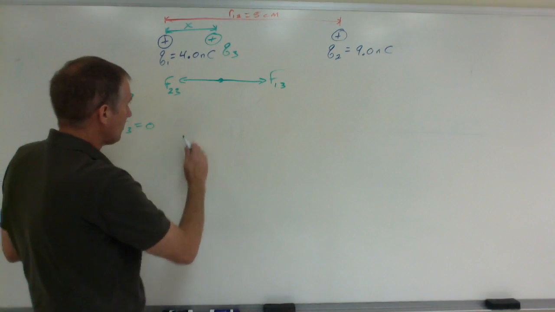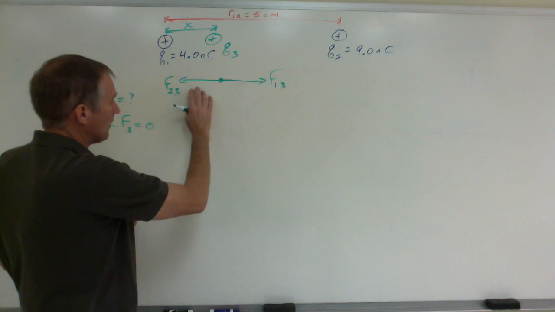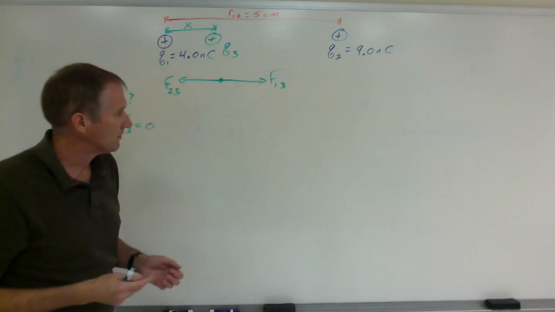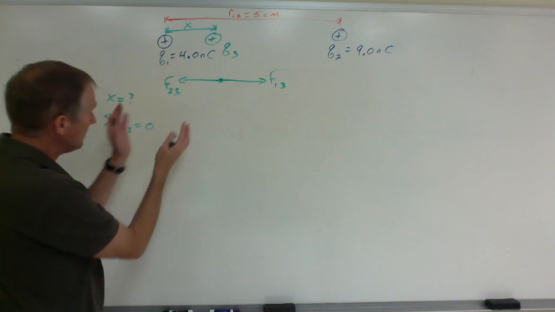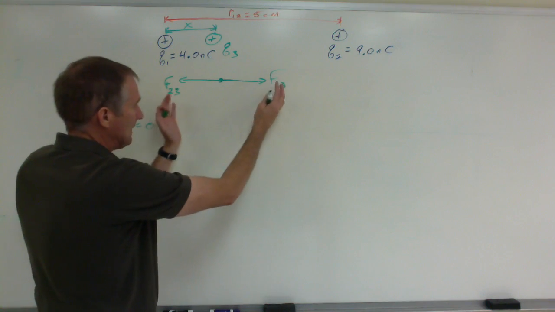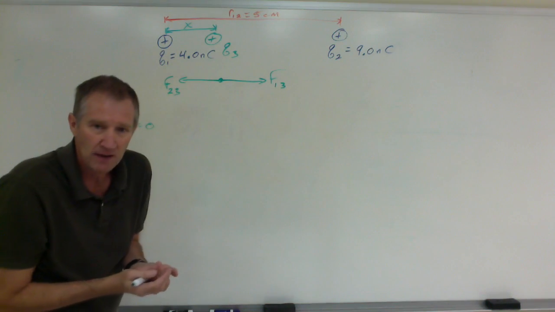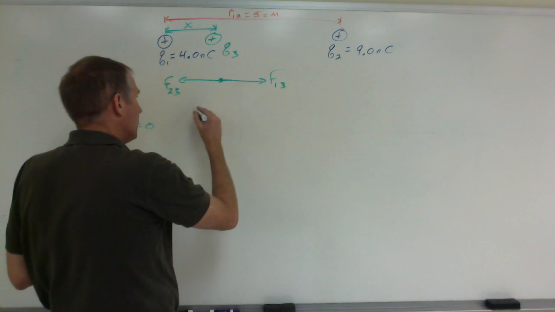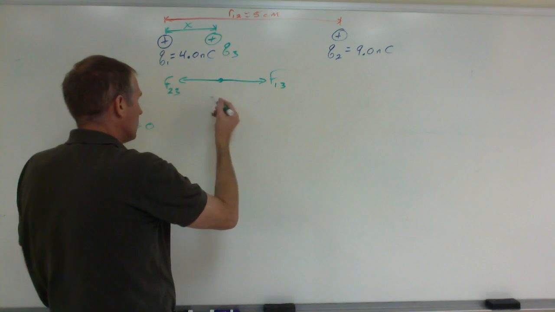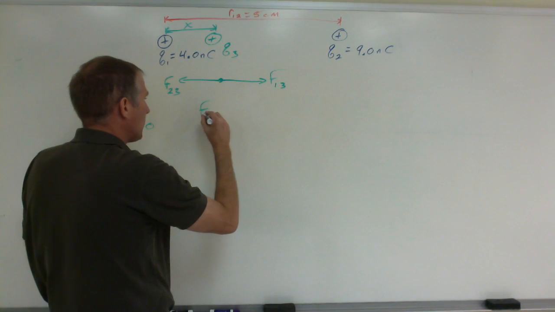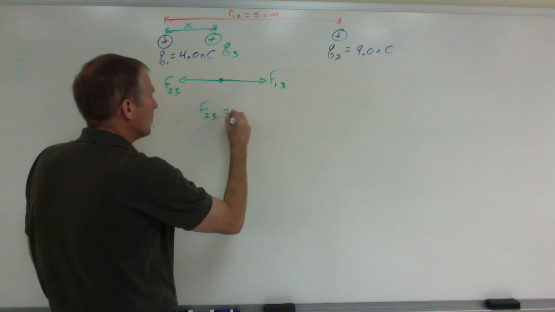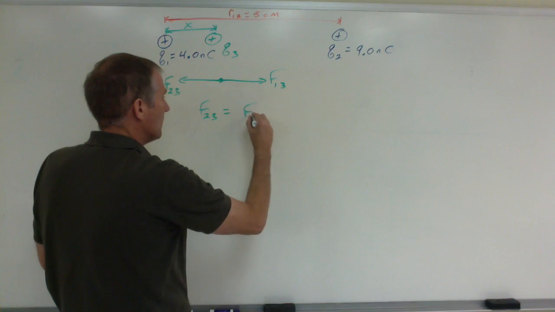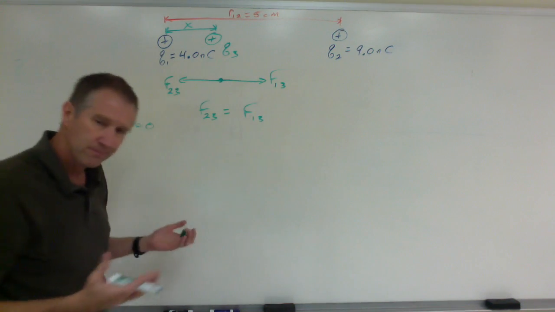Well, I'm just going to write the equation. Ignore any negative signs. These two forces will be equal and opposite, so they have the same magnitude. Let me write it this way: F23 will be equal in magnitude to F13.